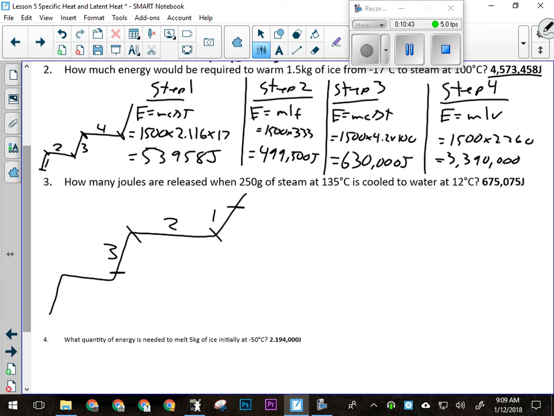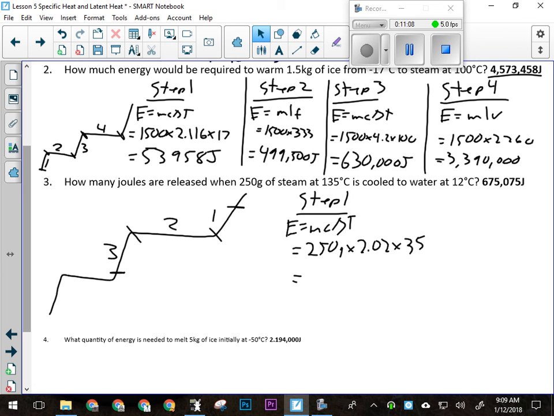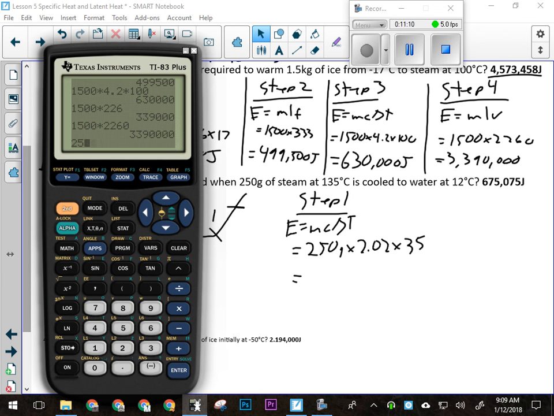All right, so in step 1, I'm just cooling, so I'm changing temperature, so that's E equals mc delta T, so that's 250 grams times 2.02 because it's steam times 35 degrees because I'm only cooling it from 135 to 100. So 250 times 2.02 times 35.